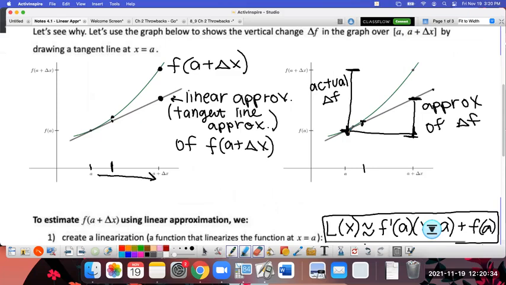So if you have two pieces of information, that a value is going to be the x value that you have a y value associated with, that you know. Not the one that we're approximating. That would be the a plus delta x. So let's go ahead and flip it over to the next page and try some problems.